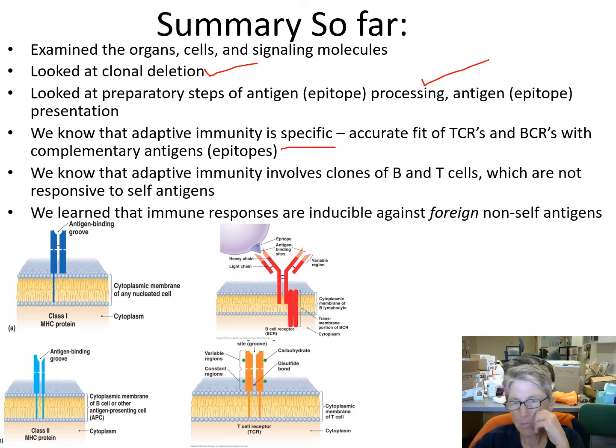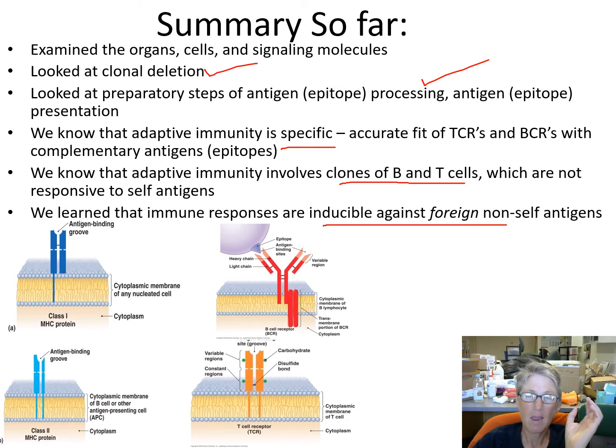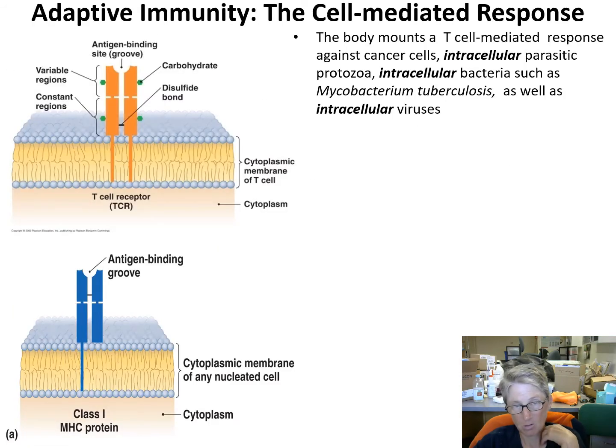We know adaptive immunity involves clones of B and T cells, and those B and T cells should not be responsive to self-antigens. We've also talked about how immune responses are inducible against foreign, aka non-self antigens. You don't want the immune response to be induced against self-antigens.